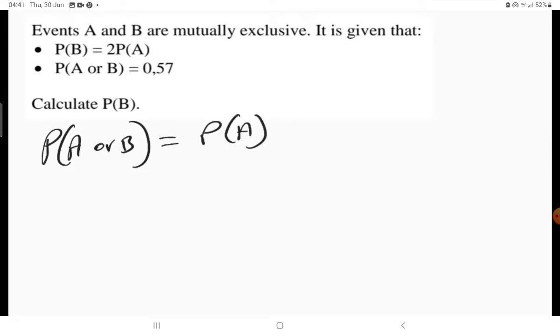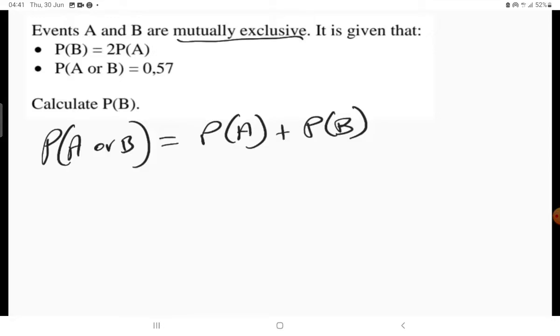If probability of B is equal to 2 times probability of A, and probability of A or B is equal to 0.57. So that means we have probability of A or B equal to probability of A plus probability of B. This is the addition rule for mutually exclusive events.